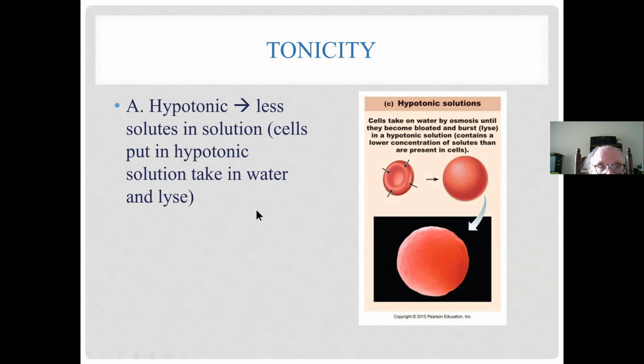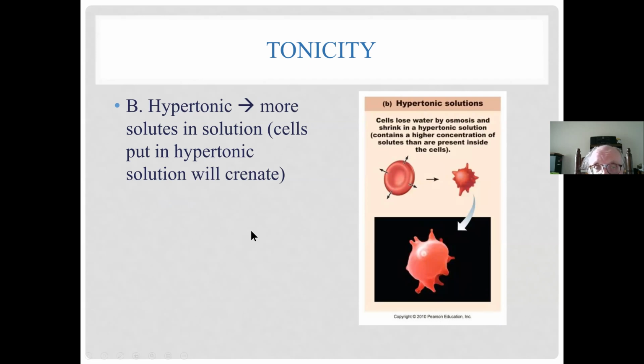If we have the opposite, if we place a cell in a hypertonic solution, so not in a 0.9% solution, which is isotonic, the same as the cell, say we place the cell in a 5 normal solution. Now we've got more water inside the cell than we do outside the cell.